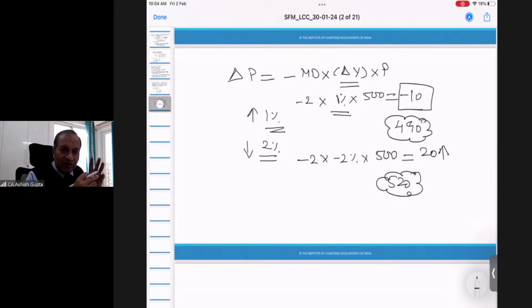In bond valuation, one topic is left, the bond refunding decision. First I will start with bond duration, then forward rate, that is the yield curve, then money market instruments, and then the bond refunding decision. So don't worry, each and every topic will be covered in the required classes.